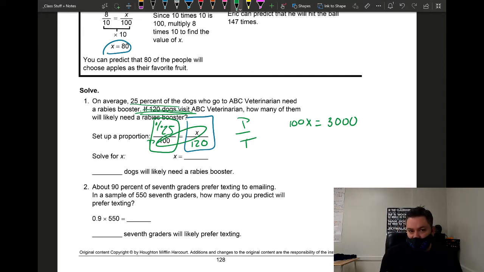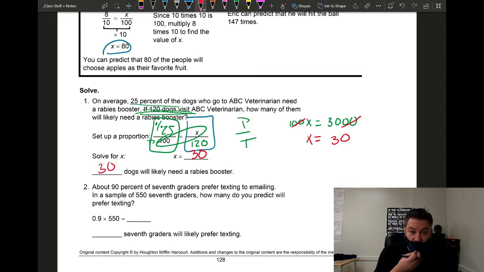Anytime I have a lot of zeros on both sides, I have 2 zeros on the 100 and 3 zeros on the 3,000, I can eliminate the last 2 zeros and the last 2 zeros, so x equals 30. That means that most likely 30 dogs will need the rabies booster.